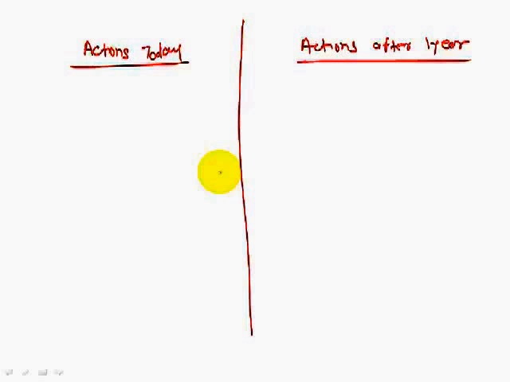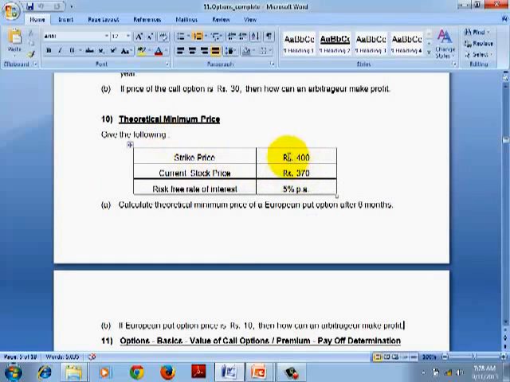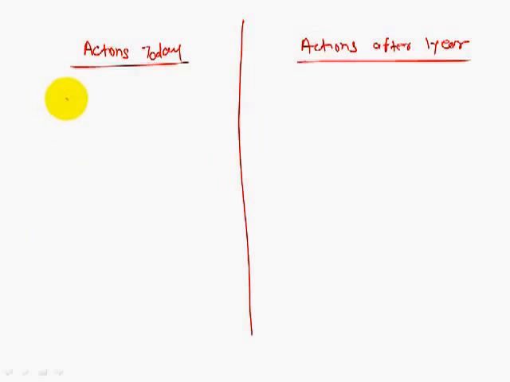If I will be selling the stock after 1 year, I need to have the stock today. That means I need to buy the stock today. But do I have money to buy the stock? No, so I need to borrow. Let's see it carefully. We'll have to make multiple borrowings.